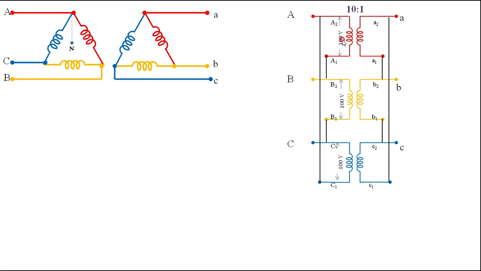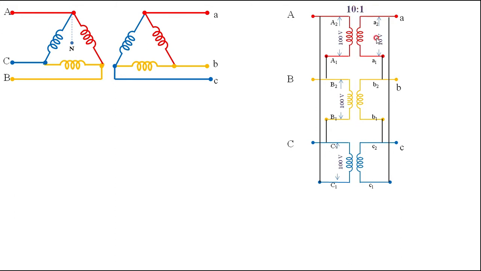Suppose I take the phase voltage of each transformer as 100 volts. It is a delta connection, so both the phase voltage and the line voltage are the same. And the ratio is 10:1. If there is 100 volts here, then you get a reduced voltage across the secondary. If it is 100 volts on the primary side, you get 10 volts on the secondary.